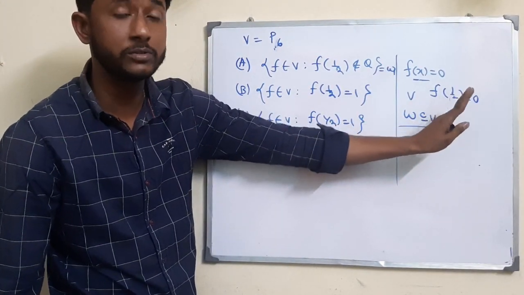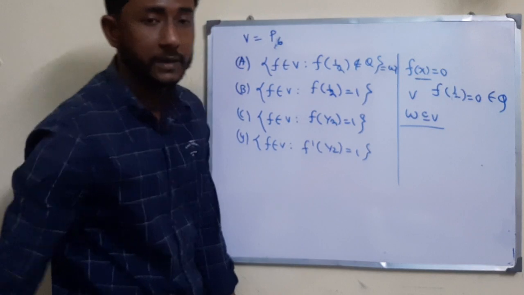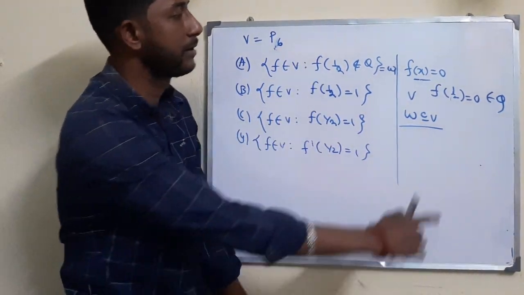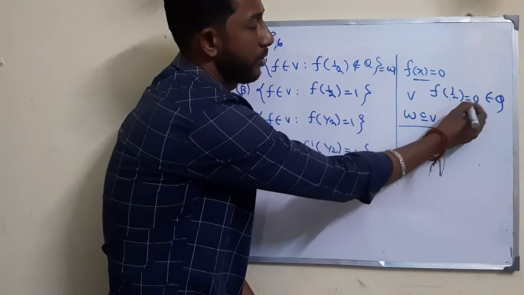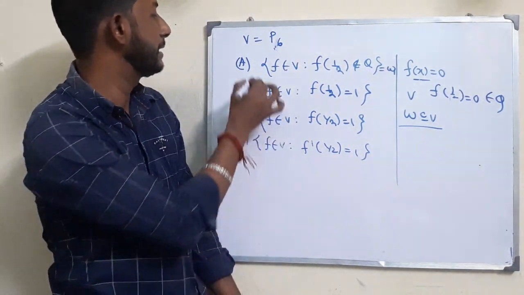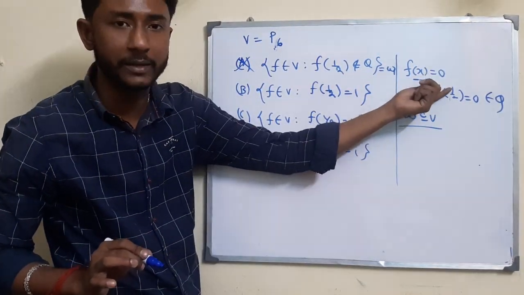Now 0 is a rational number which belongs to Q. But if this polynomial belongs to this set, then f of half equal to 0 makes a contradiction, right? So I can say that this is not a subspace, as it does not contain this identity element.